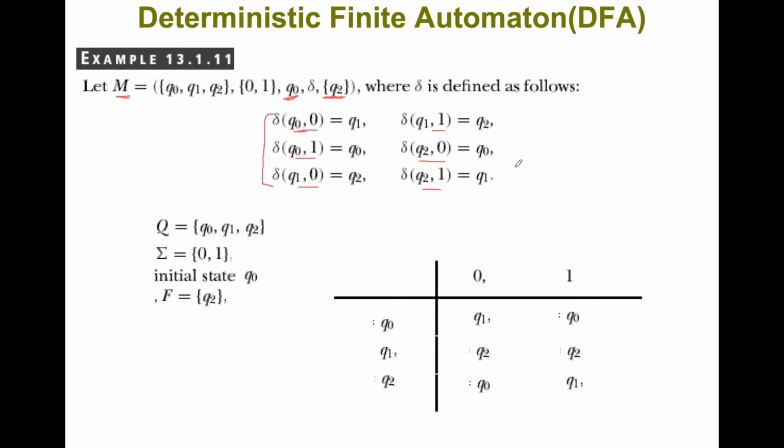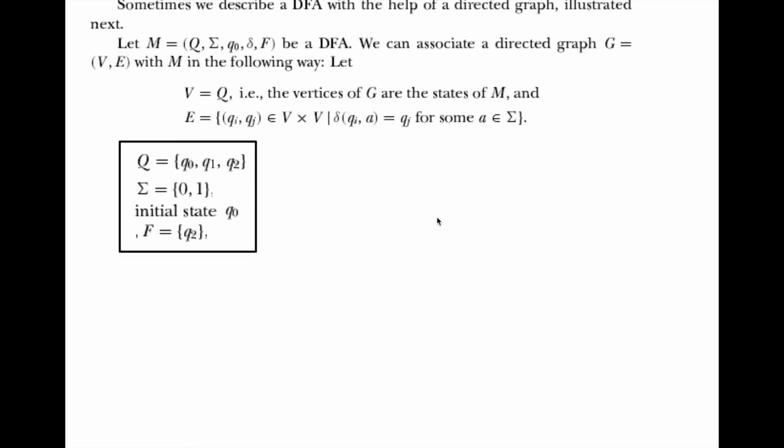So what we did here is we translated our transition function del to a transition table. Now we need to translate this transition table to a transition diagram or a directed graph.